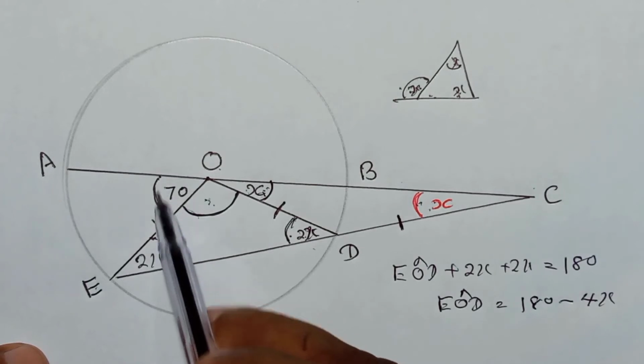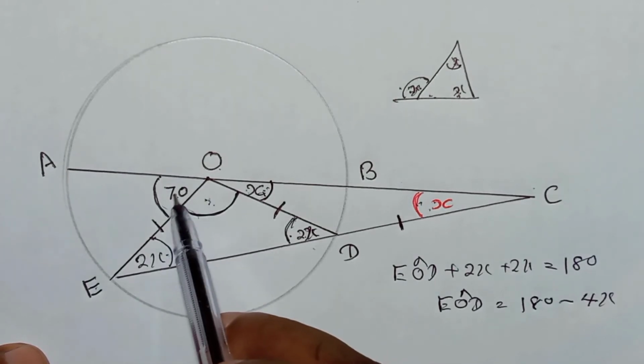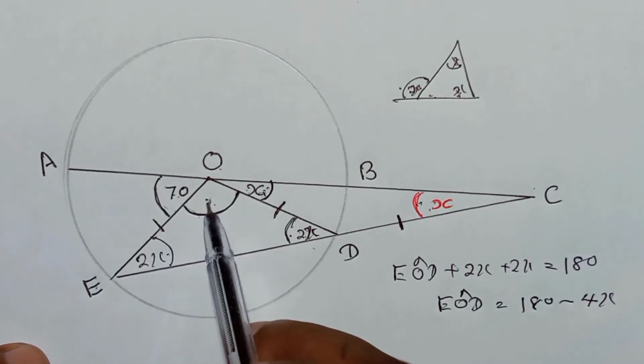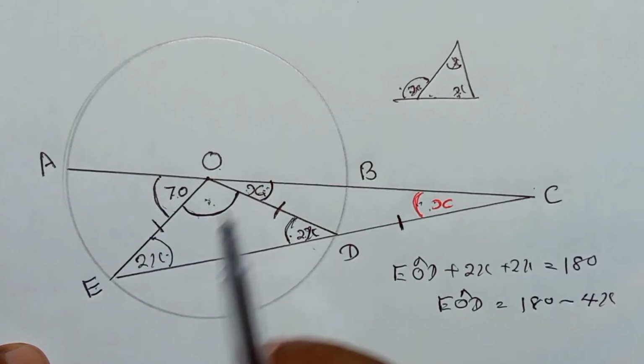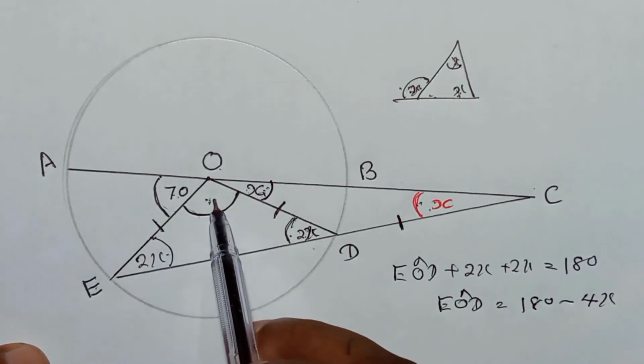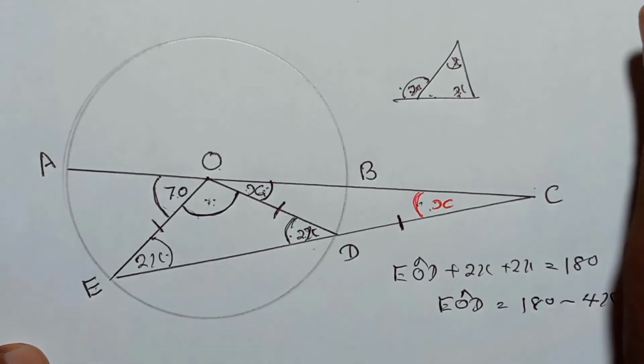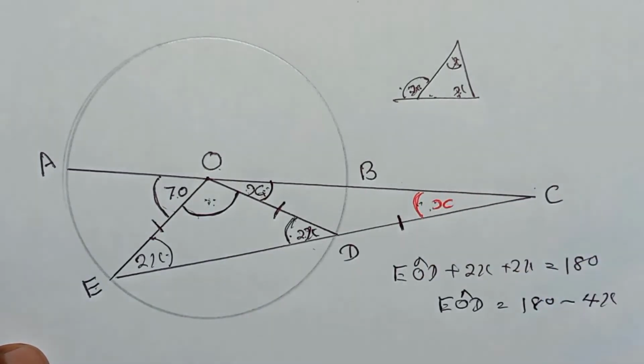Now we have found all three angles. This one they have given, and this plus this must again be 180. Then we can find x, right? This angle is 180 minus 4x.